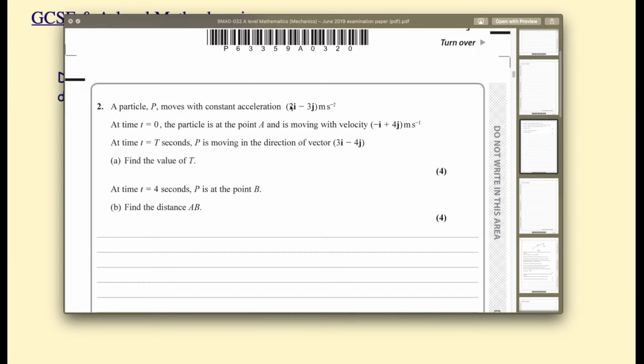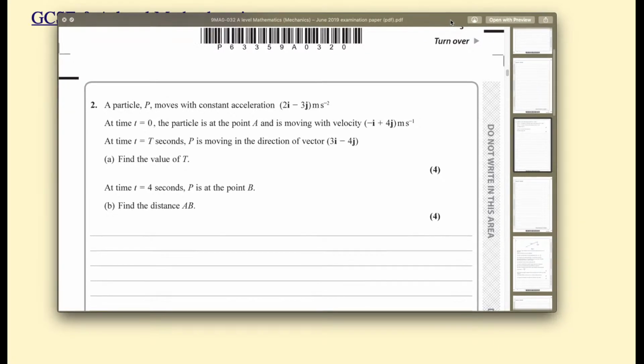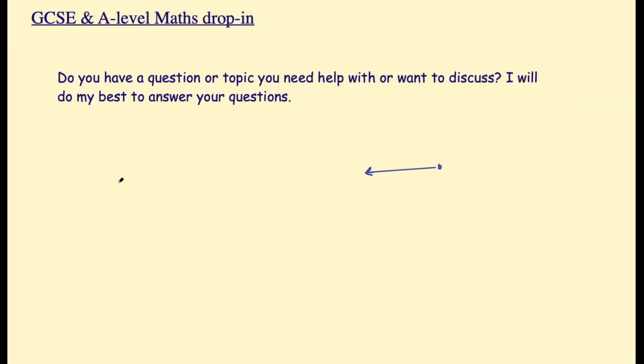If you think about the coefficient of i and the coefficient of j as the legs of the right angle triangle, this means that we're going across 2 for every 3 units down. So that creates a right angle triangle. And to find the magnitude of vectors, you always want to use Pythagoras. So that's a really useful theorem when you're talking about vectors.